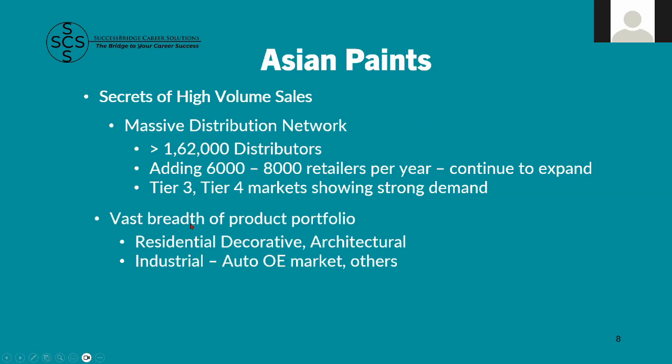And then they have a very broad product portfolio, both in the residential, decorative, and architectural segment, as well as in the industrial auto original equipment market. And all of this is being pushed through these 1.5 lakh distributors. So you see the reach. No wonder they are number one in the paint segment.